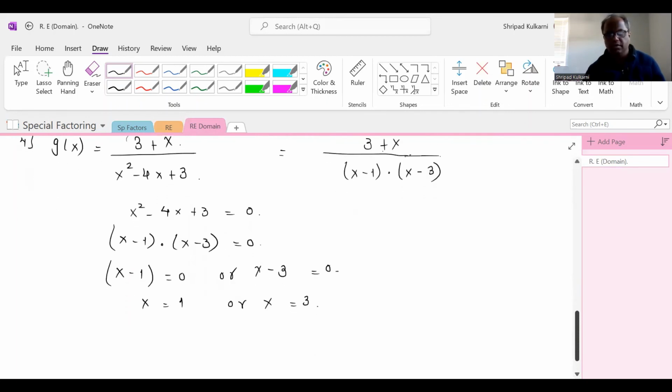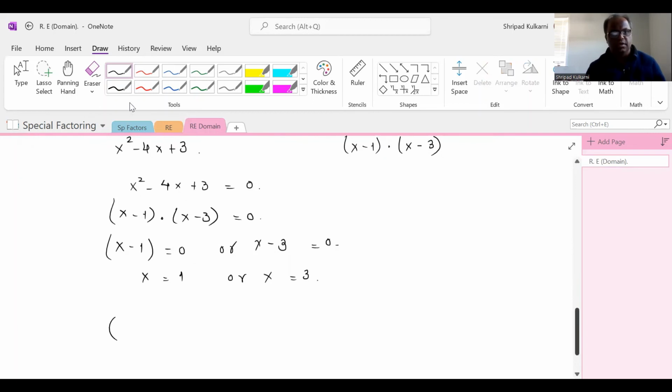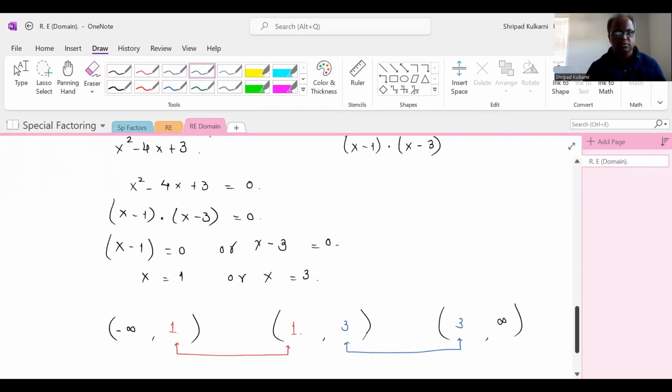So how am I going to incorporate everything? x can take all the values from negative infinity to positive infinity, but not these values, 1 and 3. Whatever comes here should come here. So you see this is matching, and this is matching, but don't forget, as usual, the union sign.